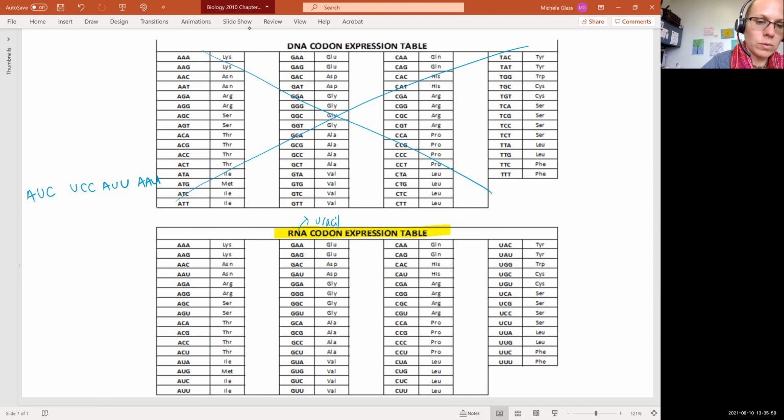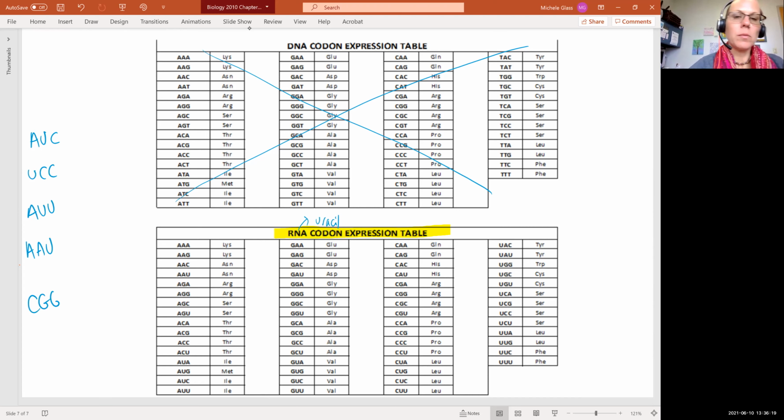And I'm running out of room, so let me do it a different direction. AUC, UCC, AUU, AAU, CGG. So I'm not real happy doing a sort of vertical display. I feel like it makes more sense when it's horizontal, but I don't have room for that.